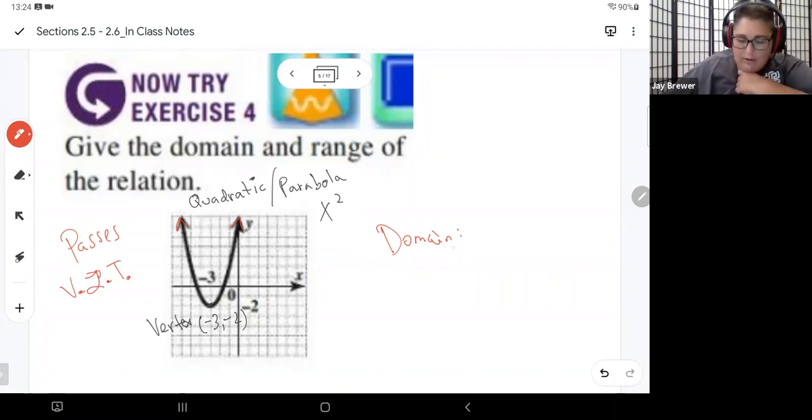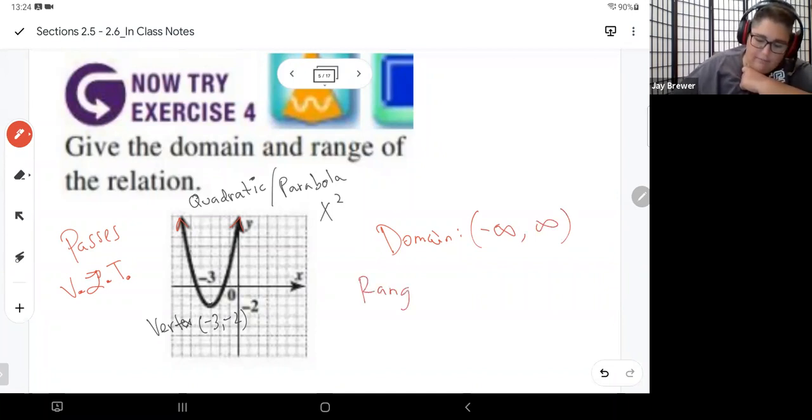So the domain here, since it covers everything, is going to be -infinity to positive infinity. The range, however, where do you see the range starting at? Okay, so it comes down here to the point -3, -2, and it bounces.